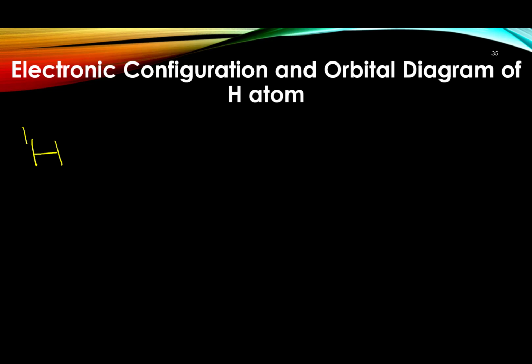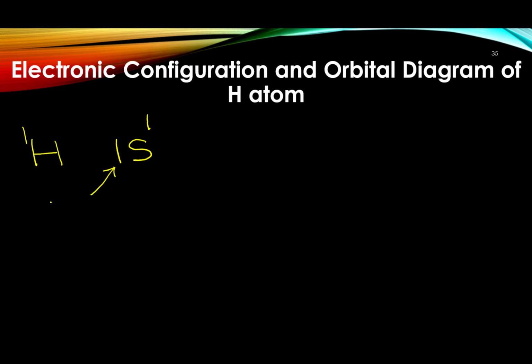In the first energy level, we have only s orbitals. So we start from energy level 1, and we only have s orbitals. How many electrons does hydrogen have? It only has 1 electron. That's why it's 1s1.